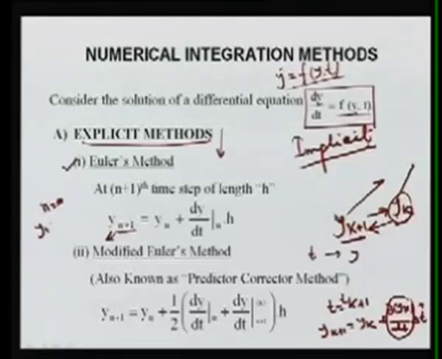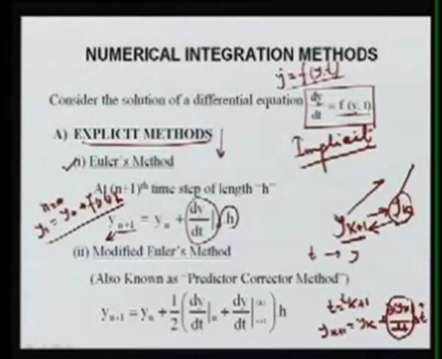After the first iteration, y1 will be y naught plus dy upon dt, which is nothing but the function f of y, t, calculated at the nth state, into h, where h is the difference in time. This is the time step, that is t n plus 1 minus t n is equal to h. This time step is also very important.